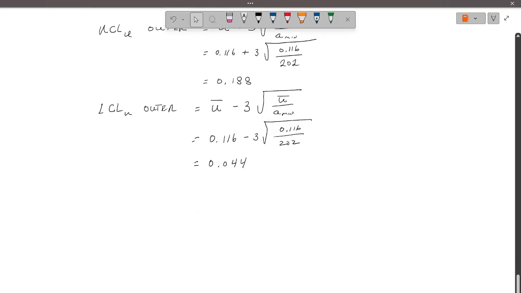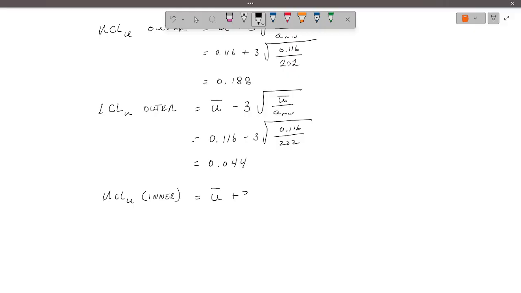Then my upper control limit for U on the inner will be U plus 3 square root of the average of U divided by A max number.